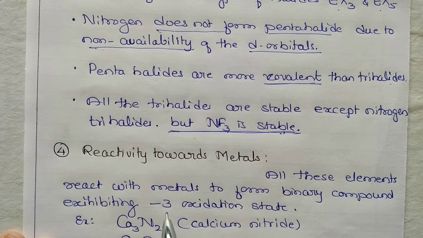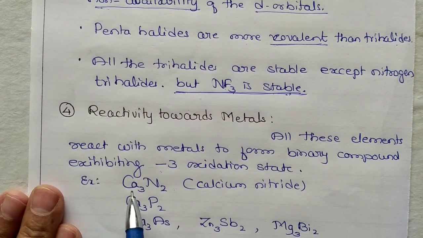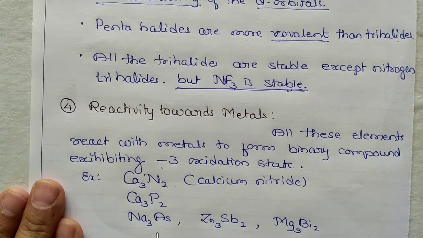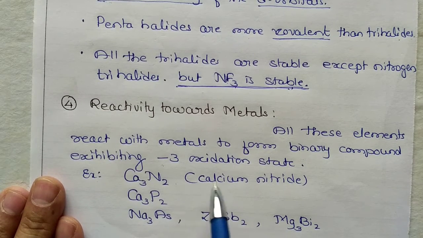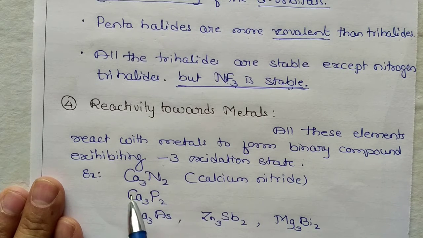For example, calcium, an s-block element, reacts to form calcium nitride, calcium phosphide, sodium arsenide, zinc antimonide, magnesium bismuthide. Nitrogen gives nitride, phosphorus gives phosphide, then arsenide, antimonide and bismuthide.